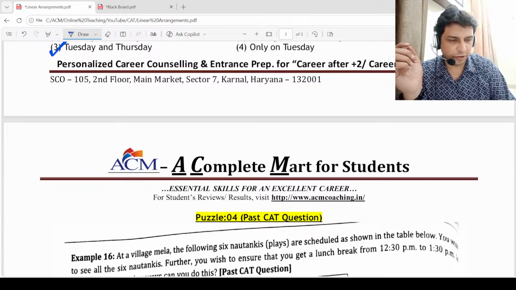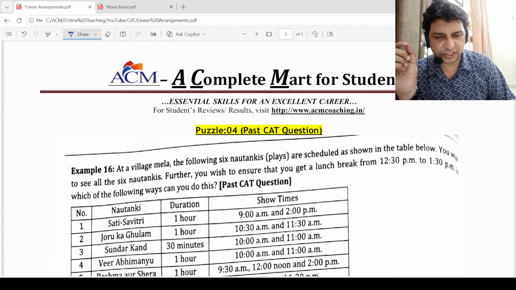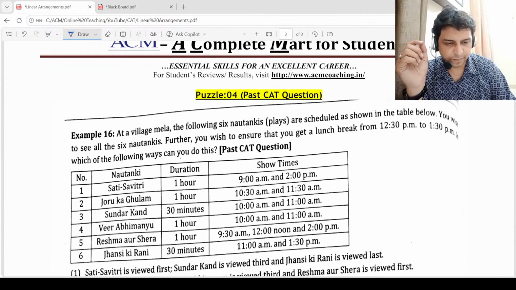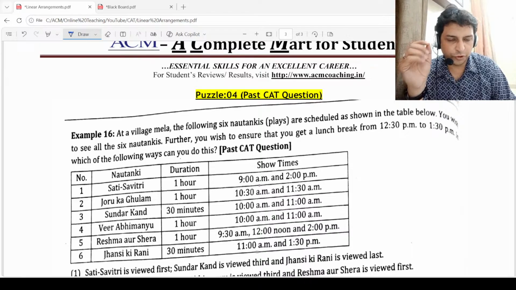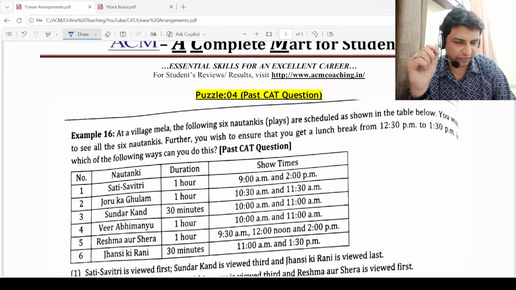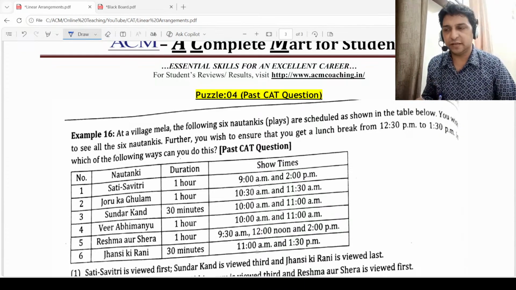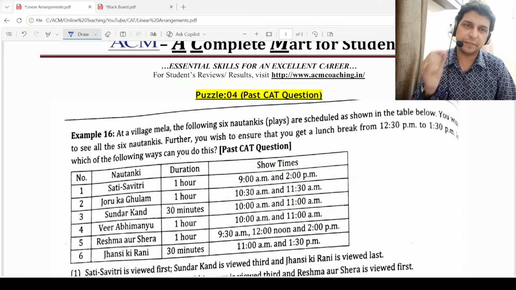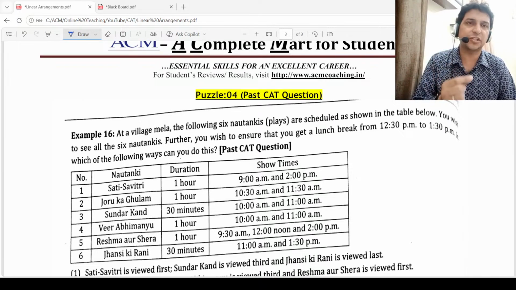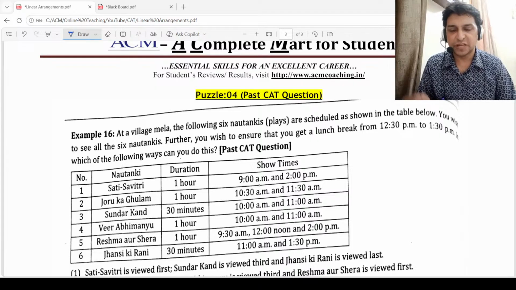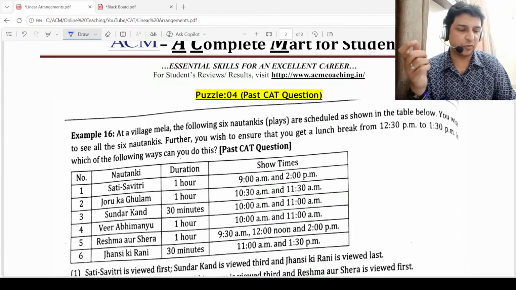And the last puzzle we're going to solve. But before that, the question which is there in the chat, let me take that first. Mahadev is asking, sir, is using a calculator allowed in the CAT exam? That is right. You may use the calculator in the quantitative section, the QA section, but the calculator is not scientific. It's a very basic one for just addition, subtraction, multiplication, divide, and it is going to be an on-screen calculator.